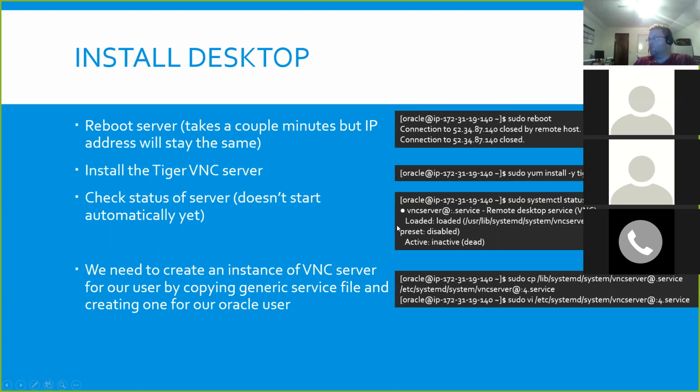But because we will make it so that we can sudo from Oracle, or we can jump in and switch to that EC2 user at any time, we're not going to concern ourselves with making sure that we can connect with the EC2 user via VNC, because most of the things that we're going to be doing are going to be as the Oracle user from here on out.